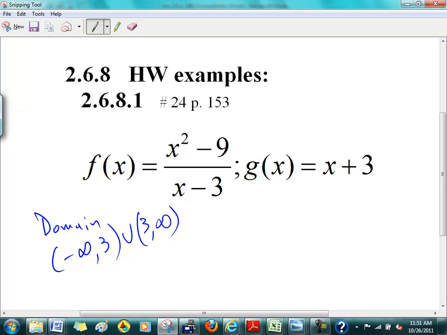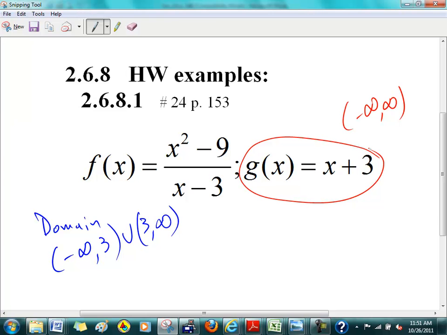What about g? G can have any value, so it's minus infinity to infinity. Wait, is there any restriction here? Look at it. Why can't x be negative 3? Yeah, when the denominator goes to 0 you have problems.